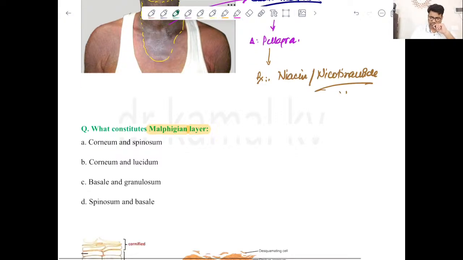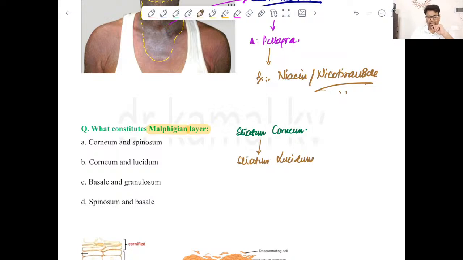If we start from outside, the outermost is stratum corneum. Then the layer which is not always present is stratum lucidum, which is present only in soles and palms, and not seen over the remaining skin of the body.